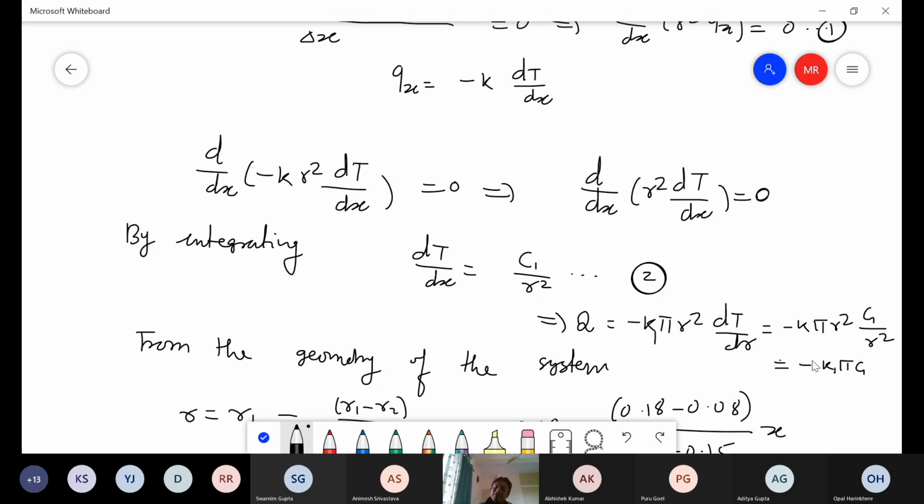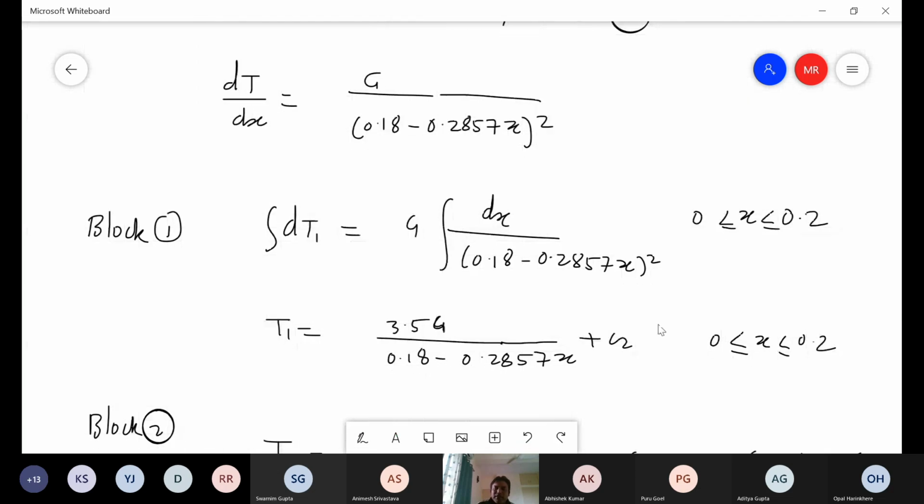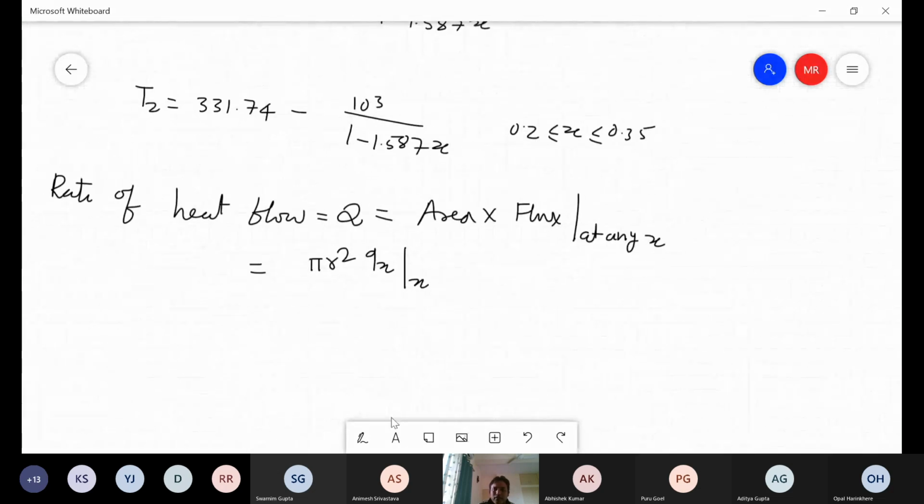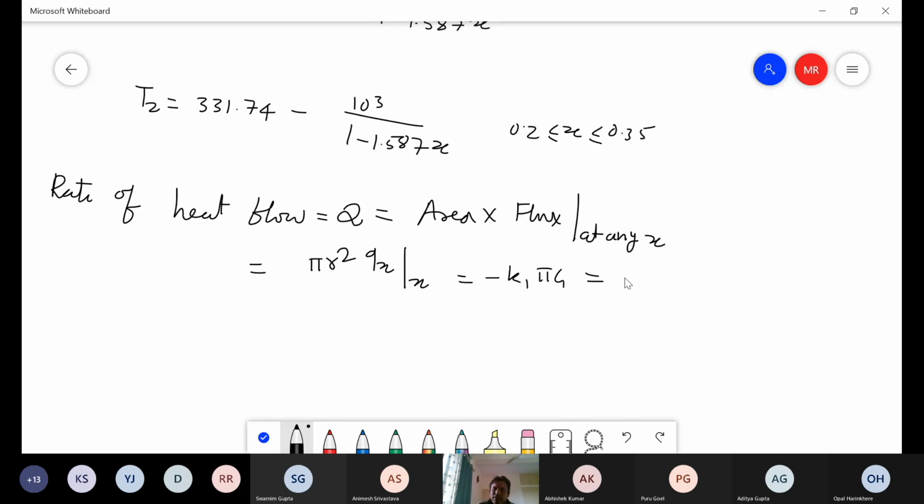So the expression for Q can be written directly as minus k1 pi c1, and this is also the same as minus k2 pi c3.